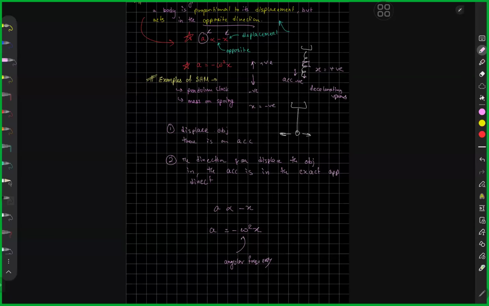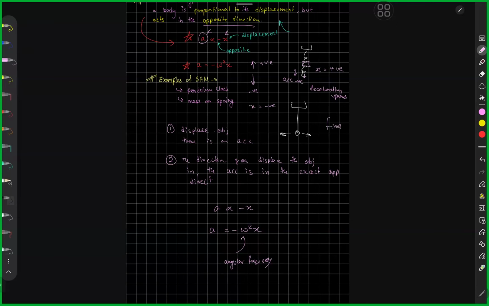What changes though? The displacement changes, acceleration changes. Got it? And hence velocity changes. These three things change. Nothing else changes. And yeah, forces change as well. But when I said acceleration changes, it is a given that obviously force will change as well. F is equal to ma.